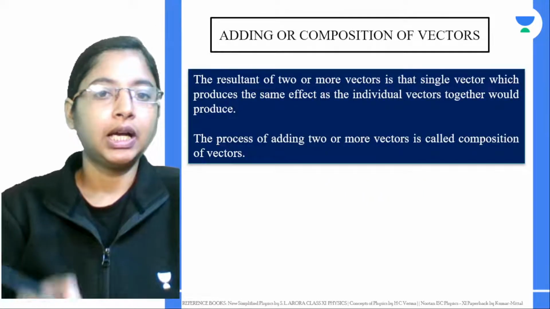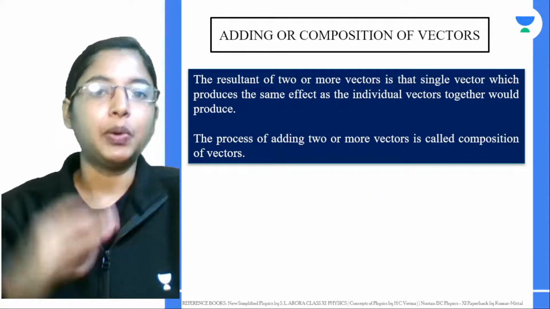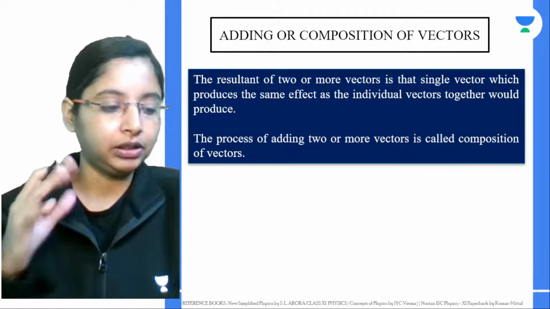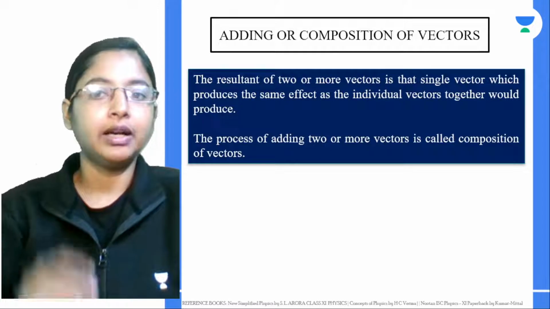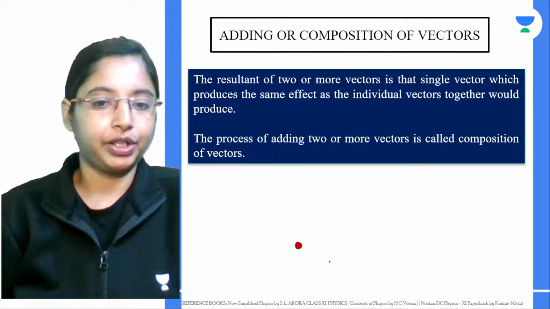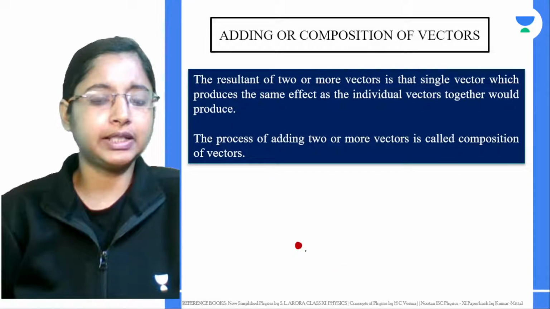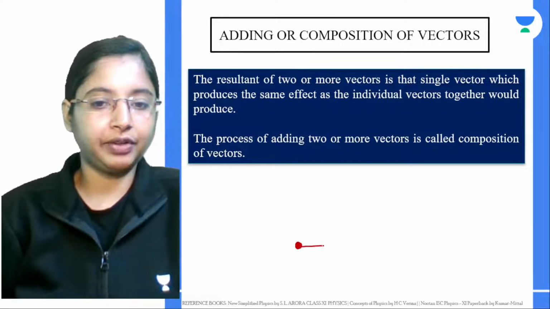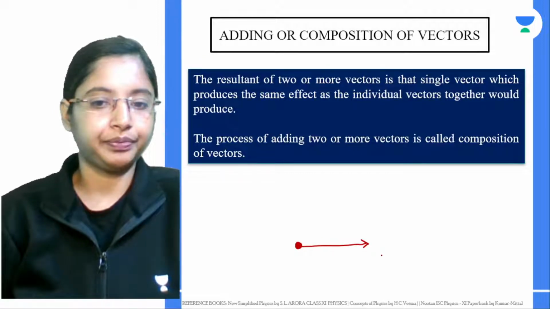Now, last few classes we actually covered how to add two vectors. Right, very simple. Let's say there is an object over here, or let's say there's a marble over here. Let's say that this marble is given a velocity, so it moves in a certain direction from here to here.